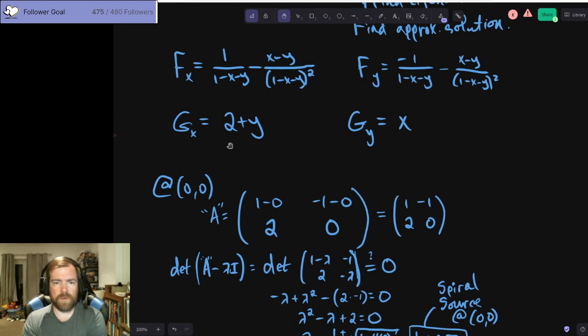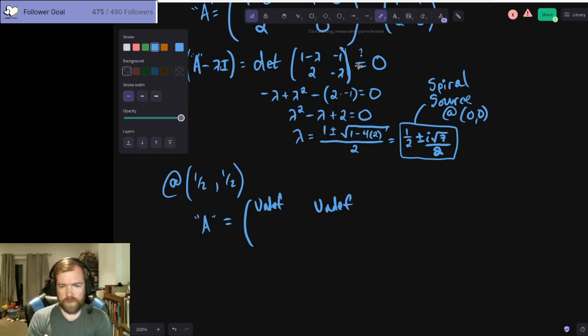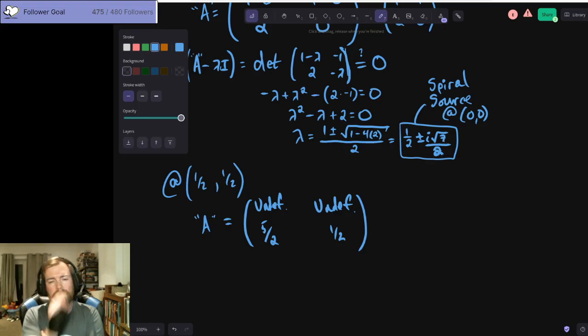Bottom section, we had 2 plus y was going to be 2.5, and x is just going to be a half. 2.5 is 5 halves, and x was a half. So our system around a half should be undefined.